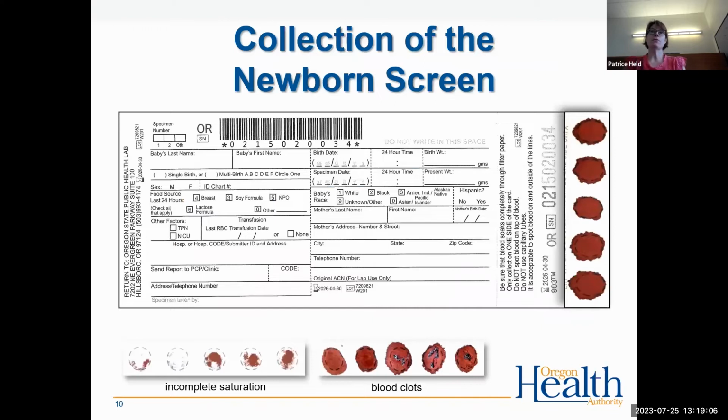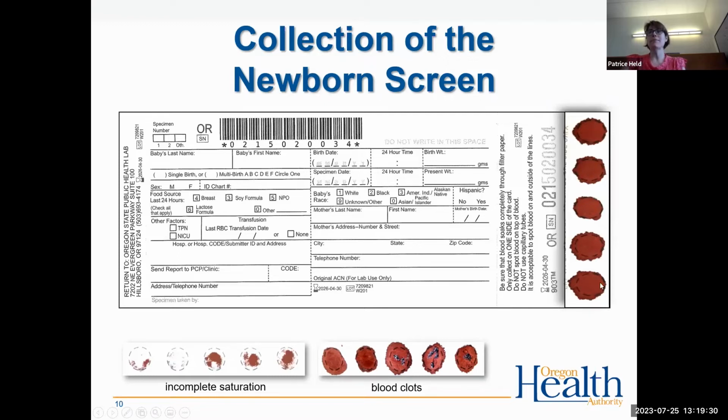This is what our newborn screening card looks like in the state of Oregon. And the newborn screening card is, again, filled out by nurses and phlebotomists or midwives. Every field is important and necessary in order to perform our testing well. And on the right-hand side, you see what the blood spots would look like on the filter paper.